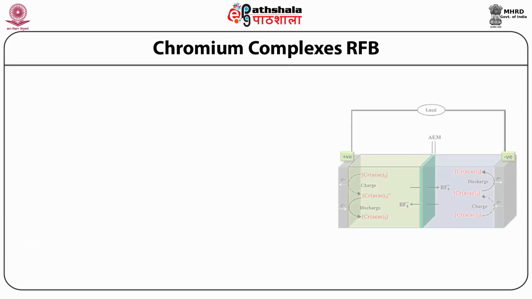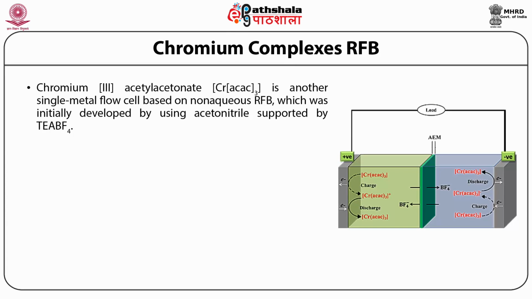Chromium complexes RFB. Chromium(III) acetylacetonate, Cr(acac)3, is another single metal flow cell based on non-aqueous RFB, which was initially developed using acetonitrile supported by TEA BF4. The schematic of such a system is shown in the figure.